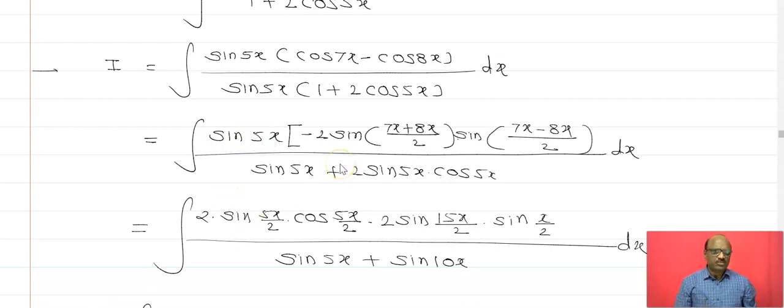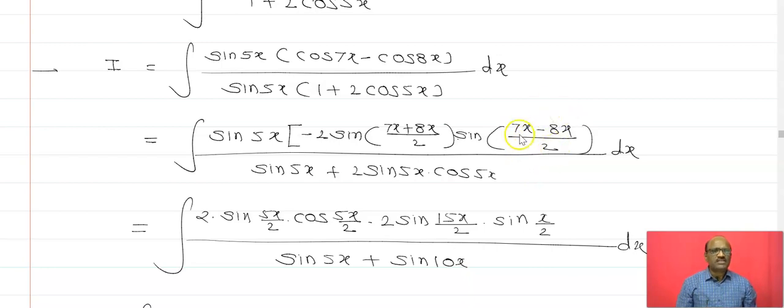Now this step is very important. See this here, minus 2 sin of (7x plus 8x) upon 2, that is 7 plus 8, it is 15x upon 2, therefore it is 2 sin of 15x upon 2. What about the next? That is sin of (7x minus 8x), then you will get sin of minus x upon 2.